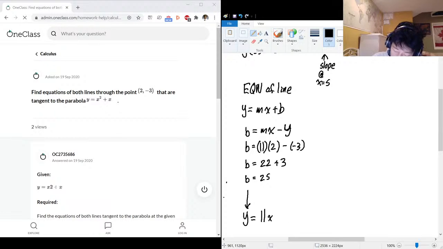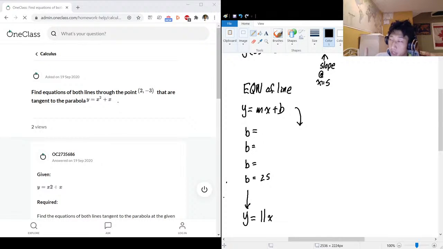Oh, oops. See, this should actually be negative 25. I rearranged wrong. My bad, I'll clean it up. You know, mistakes can be made sometimes. Just don't repeat them.